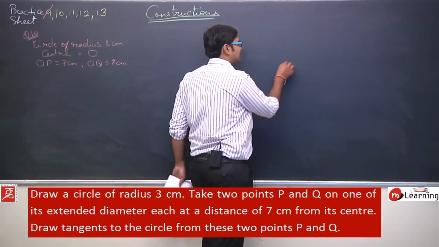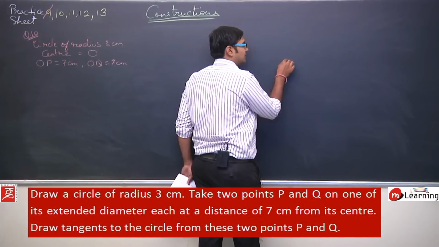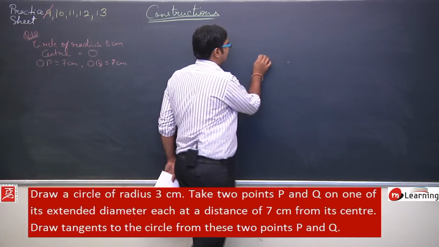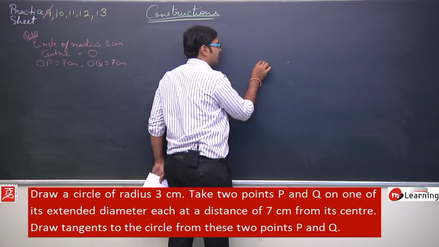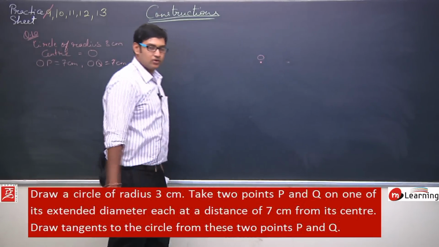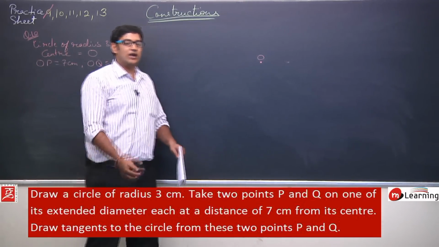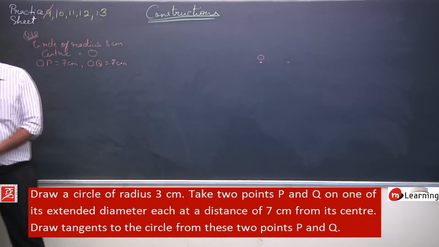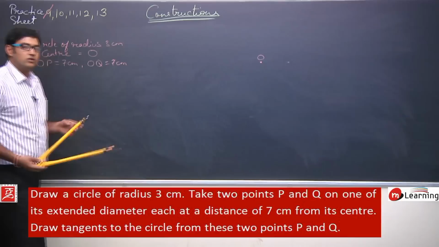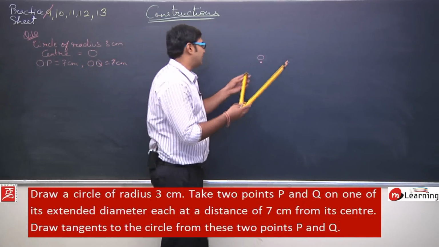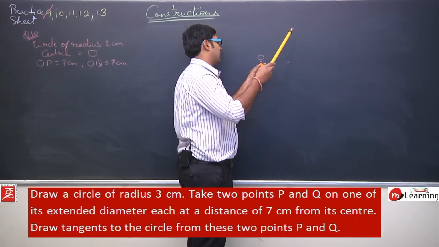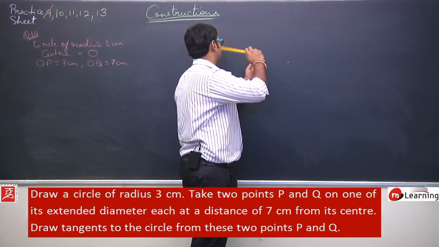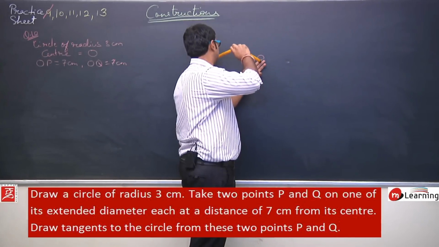Let us assume here as the center O, and from this center O I will draw a circle with radius 3 centimeters. So I will put the needle at the center of this point O, and I will draw a circle like this.